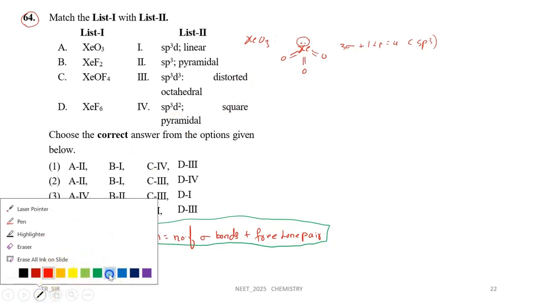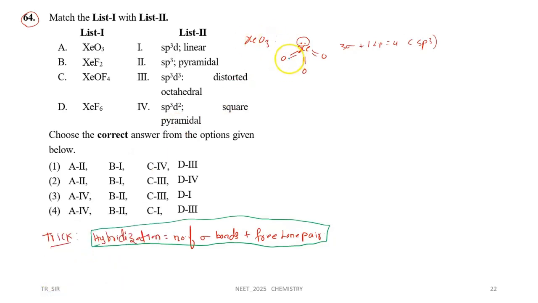You can draw it like this. So A is sp3 hybridization as well as pyramidal shape.